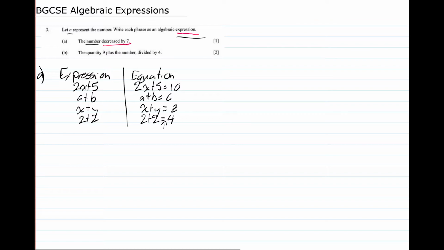Here you gotta brush up on your math vocabulary a little bit. Anytime someone tells you there's some number decreased by another number, you know that means it's subtracted, right? So part A says the number, which is n, decreased by 7, which is n minus 7. That is how you write an expression for the number decreased by 7.